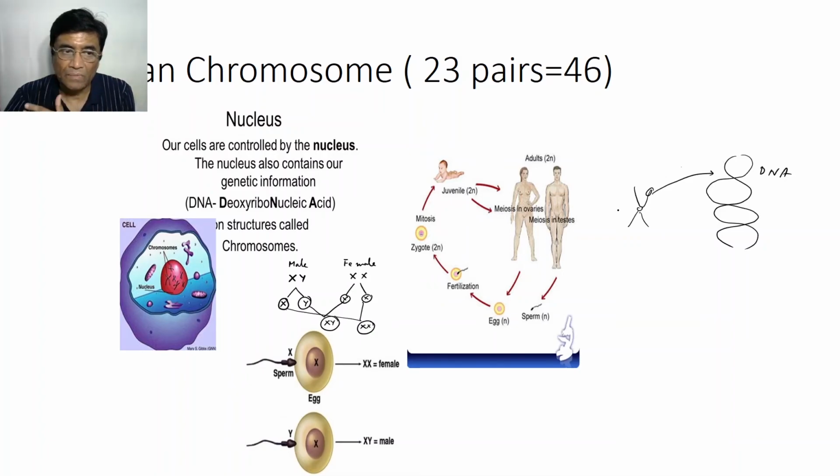Crossover means during fertilization, crossover takes place between the genes of male and female, and that's why every individual carries some characters inherited from parents. Parents inherit those characters from their parents.